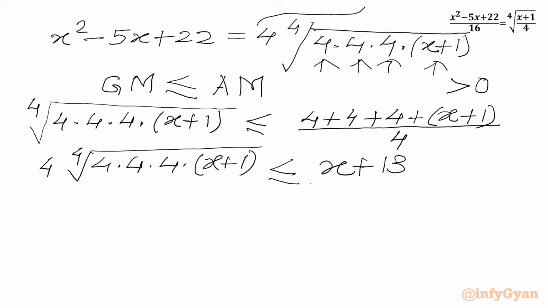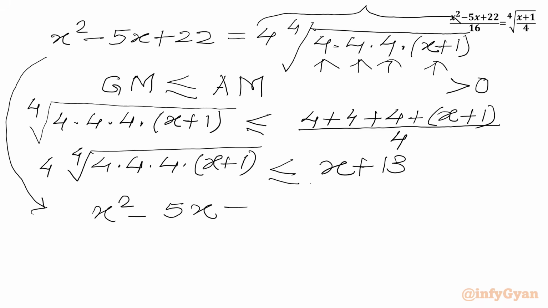Now we have the RHS less than or equal to x + 13. So if I write our equation here, then x² − 5x + 22 should be less than or equal to x + 13.